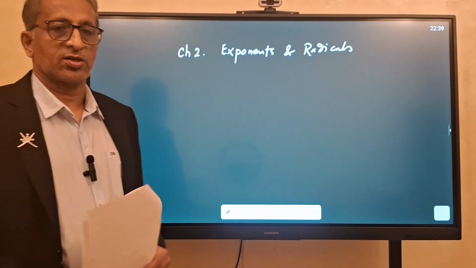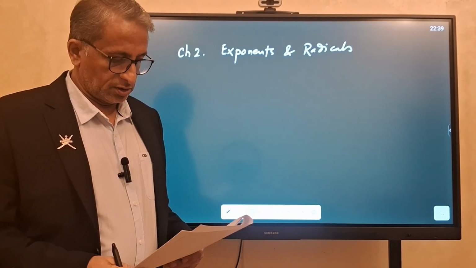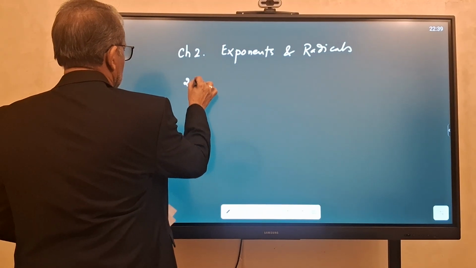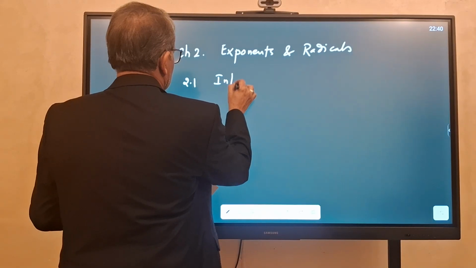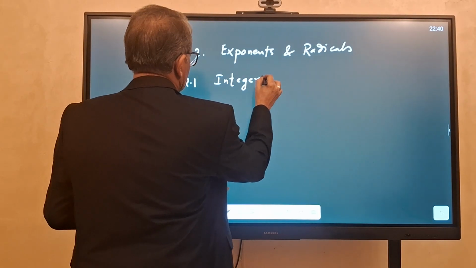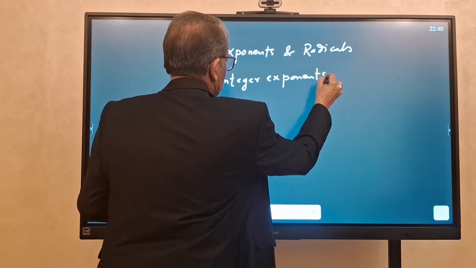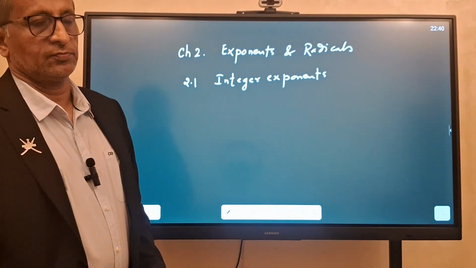So we have three sections: 2.1, 2.2, 2.3. In the first, that is section 2.1, we will take integer exponents. This is the first section.